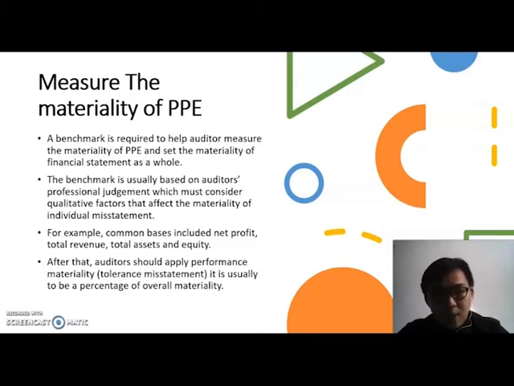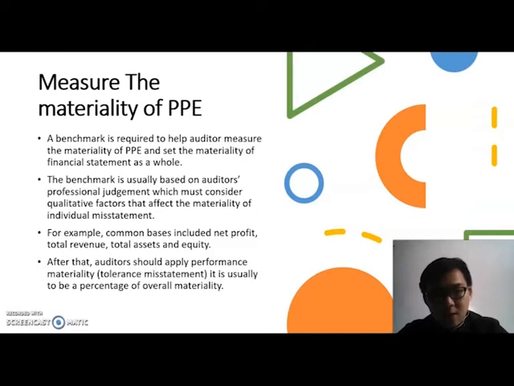The benchmark is usually based on the auditor's professional judgment, which must consider qualitative factors that affect the materiality of individual misstatements. For example, common bases include net profit, total revenue, total assets, and equity.